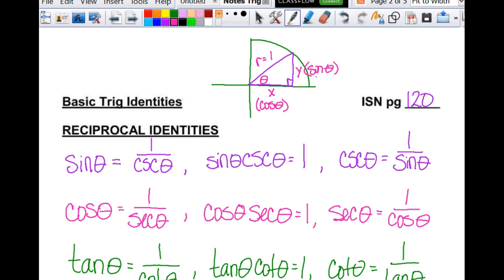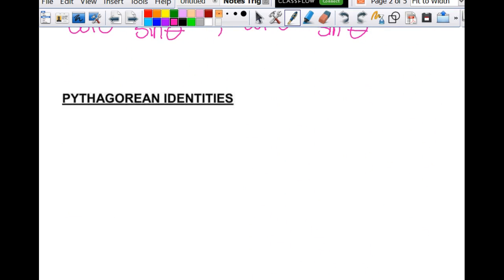So since x squared plus y squared equals 1, then cosine squared theta plus sine squared theta has to equal what? 1. That's straight from the Pythagorean theorem and your unit circle. So our first Pythagorean identity is cosine squared theta plus sine squared theta equals 1.